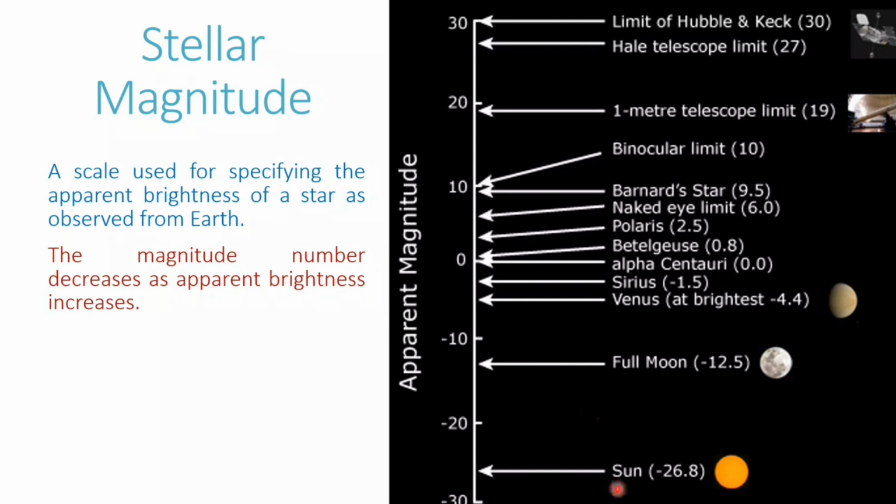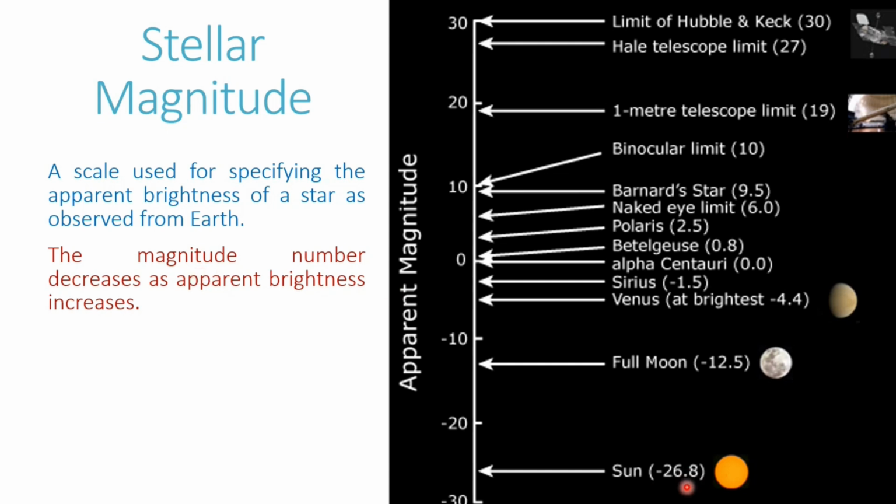You can see the brightest object in the sky which we have is the sun, and it has a stellar magnitude of minus 26.8. Now, as I told you earlier, the magnitude number decreases as the apparent brightness increases. So the celestial body having maximum brightness is the sun, and it has the minimum magnitude number.